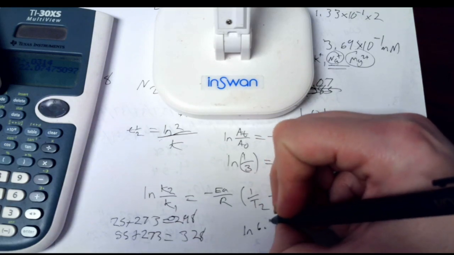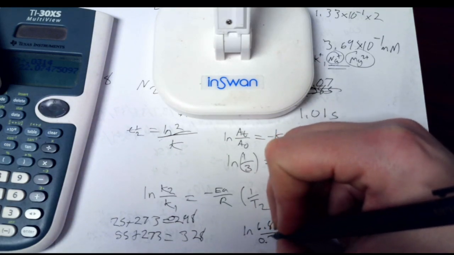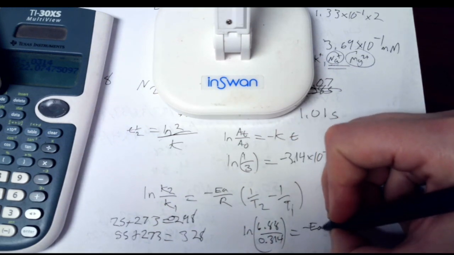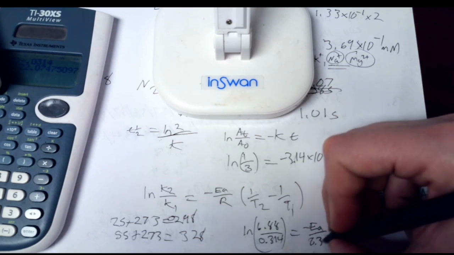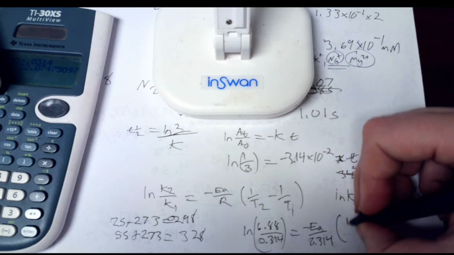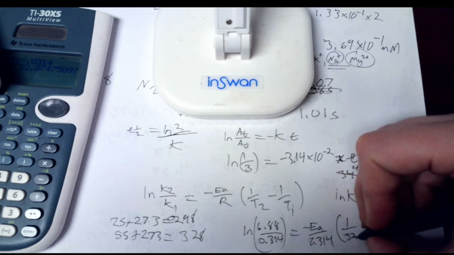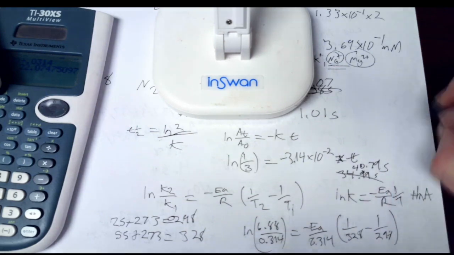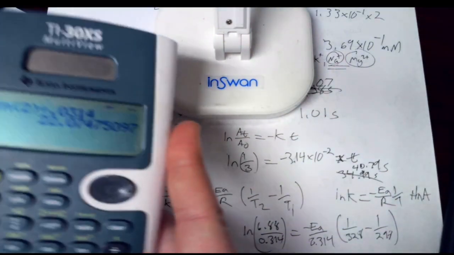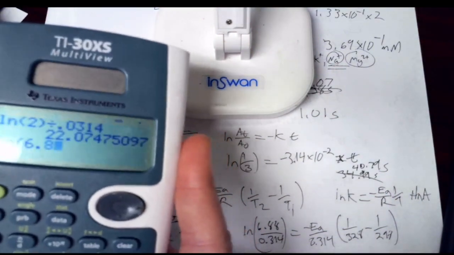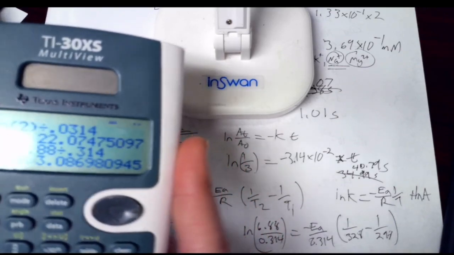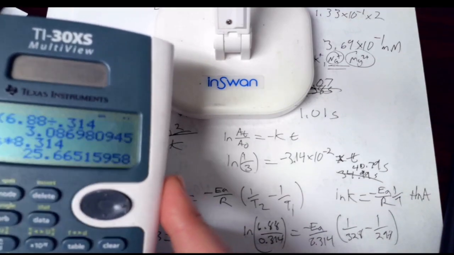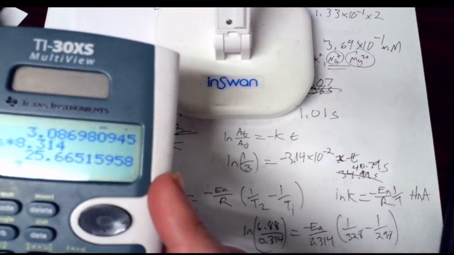So plugging this in, ln of 6.88 divided by 0.314, the relative values, equals negative EA over 8.314, times 1 over 328 minus 1 over 298. You have to evaluate this. So ln of 6.88 divided by 0.314 is something like 3.08, times R, 8.314, times negative 1.